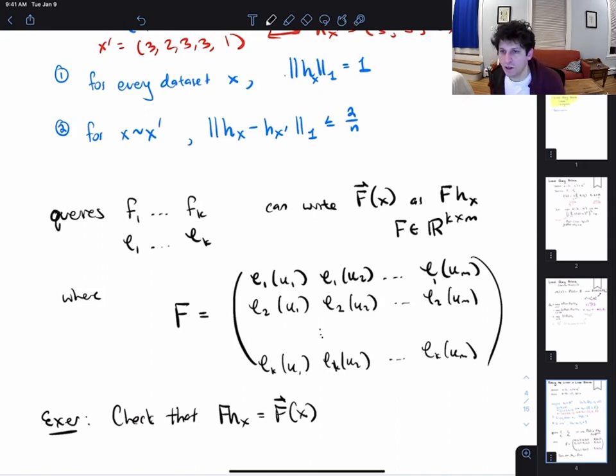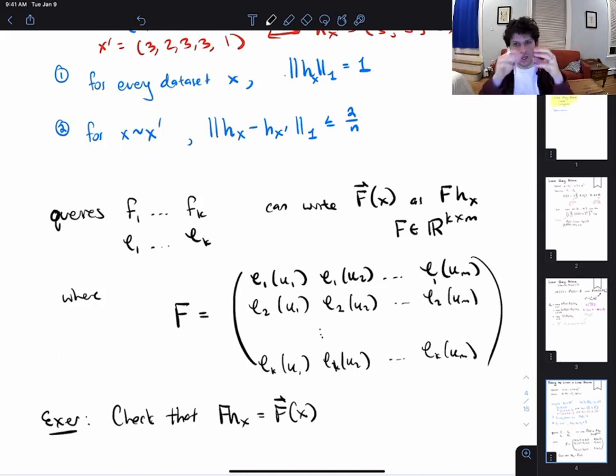I want to make one comment about the histogram representation, which is that it's really not a good way to represent a data set if you care about actually implementing the mechanism. And the reason is that the number of universe items can be extremely large. So if you imagine we have a data set that has, say, n equals 100, and let's say that each person's data is 30 yes or no questions.